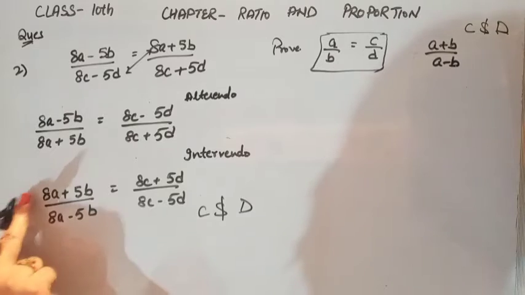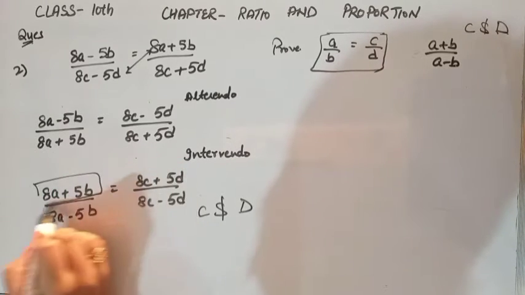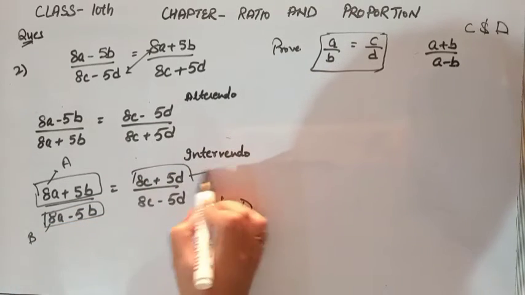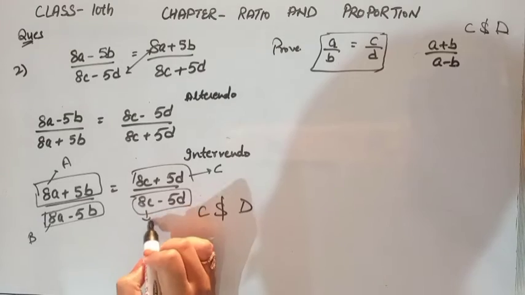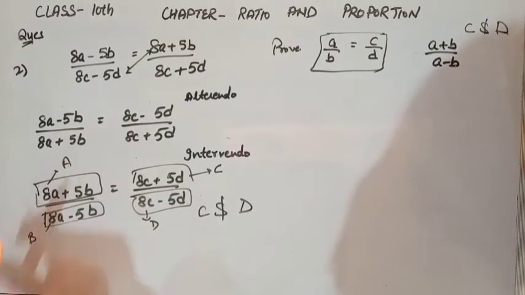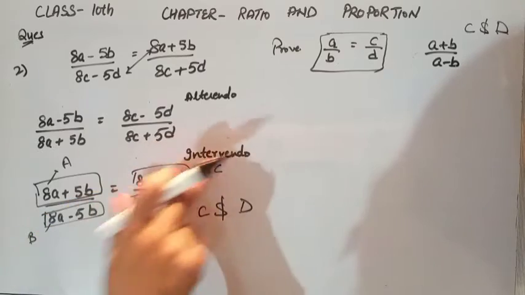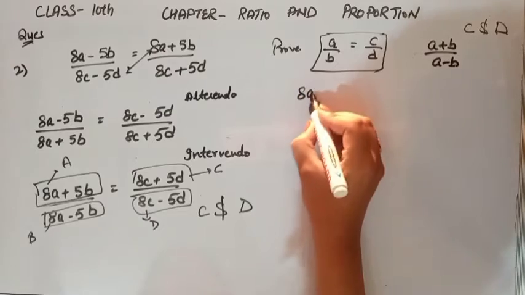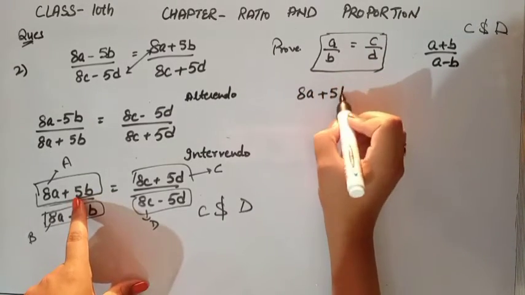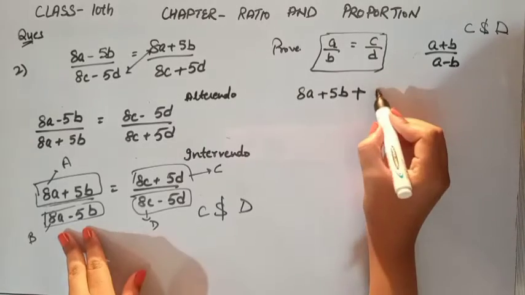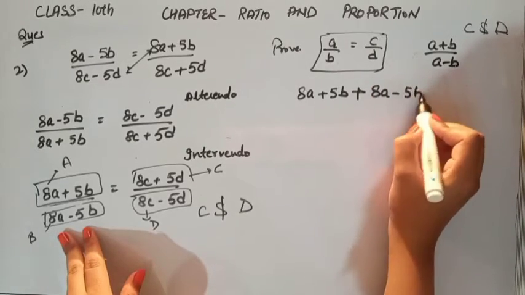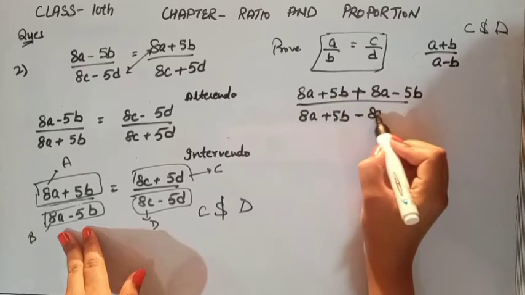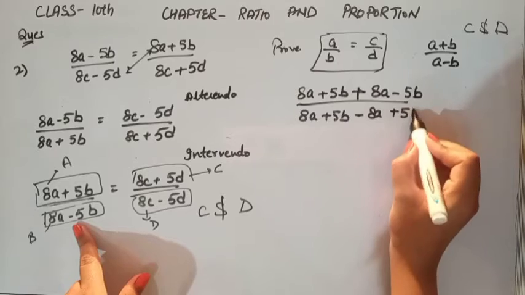What will it form? This whole term has become A, this whole term B, this whole term C, and this whole term has become D. And what is componendo and dividendo? (A plus B) upon (A minus B) equals (C plus D) upon (C minus D). So A is 8A plus 5B, plus the denominator term 8A minus 5B, upon 8A plus 5B minus 8A minus 5B; it will become plus 5B.